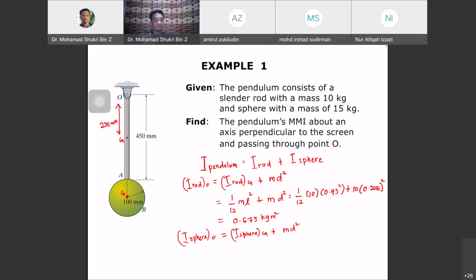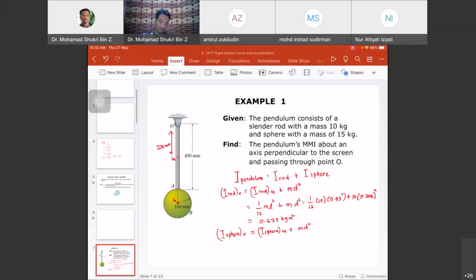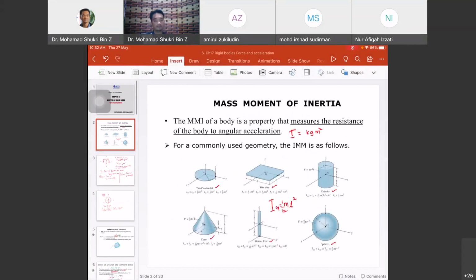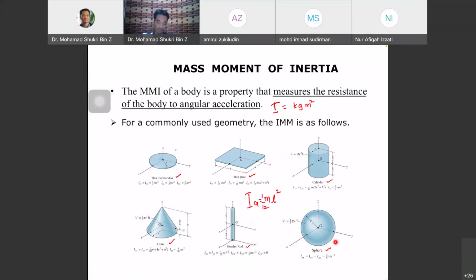So I sphere for G, refer balik pada sphere kat bawah ini. So I untuk sphere G is 2/5 mr square pada titik gravity.